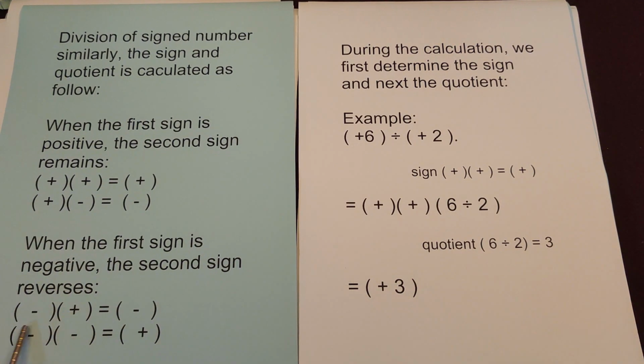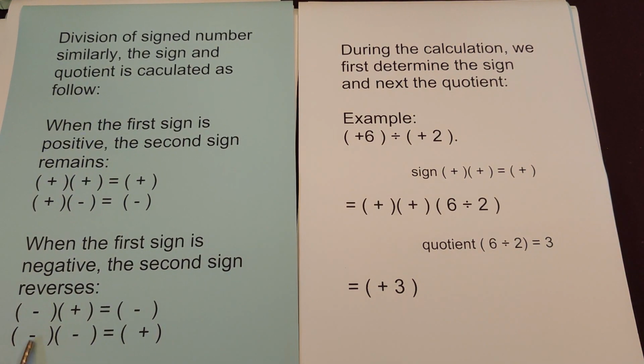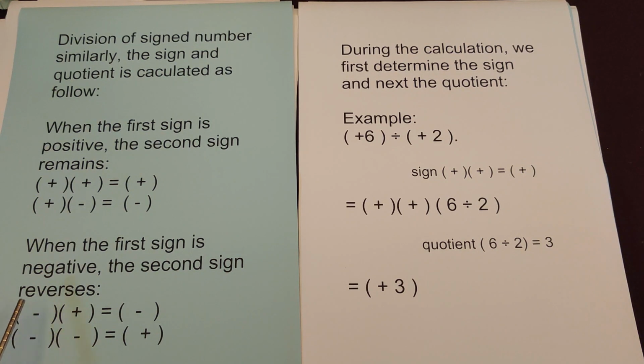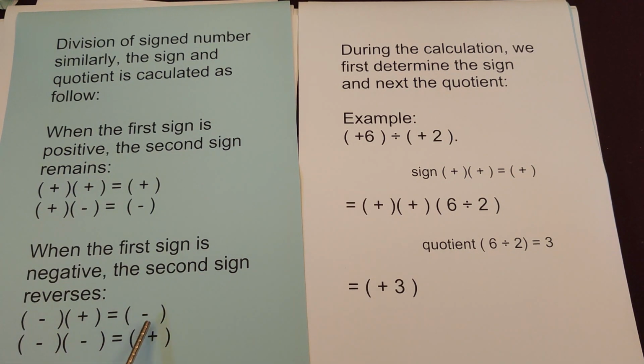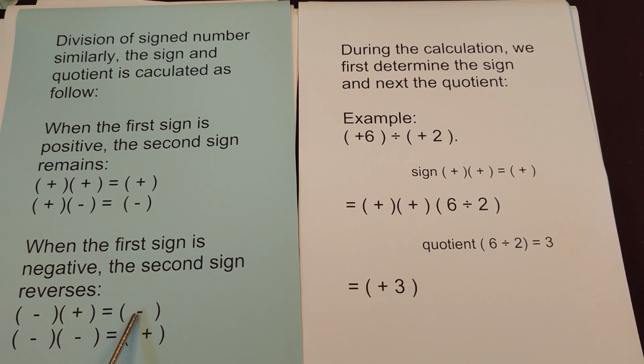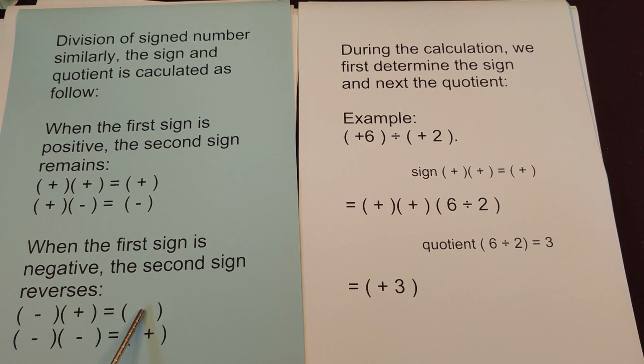Okay. How about when a negative sign comes at the beginning? Here, when the first sign is negative, then we have an answer that reverses the sign of the second one, from positive to negative.